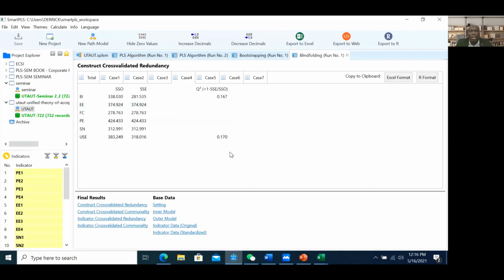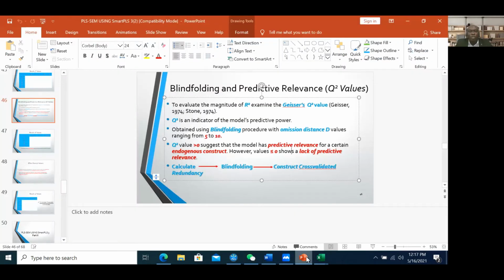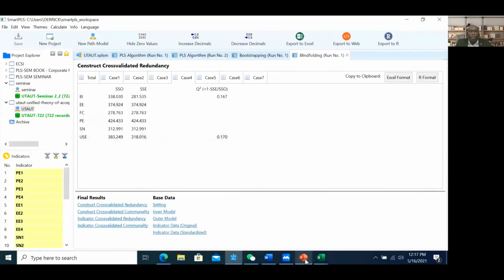And from here, you can see that they are all different from 0. They are greater than 0. Hence, this model has predictive relevance for those endogenous constructs. Okay, good.